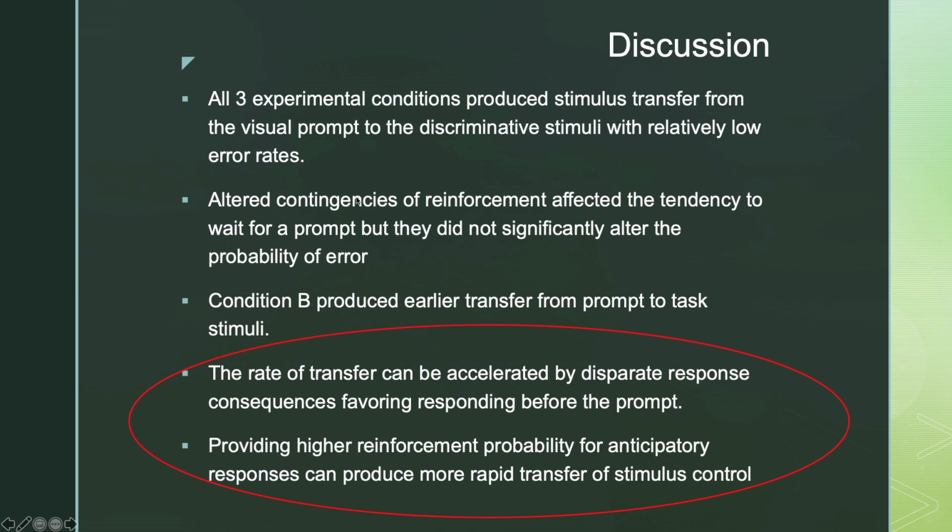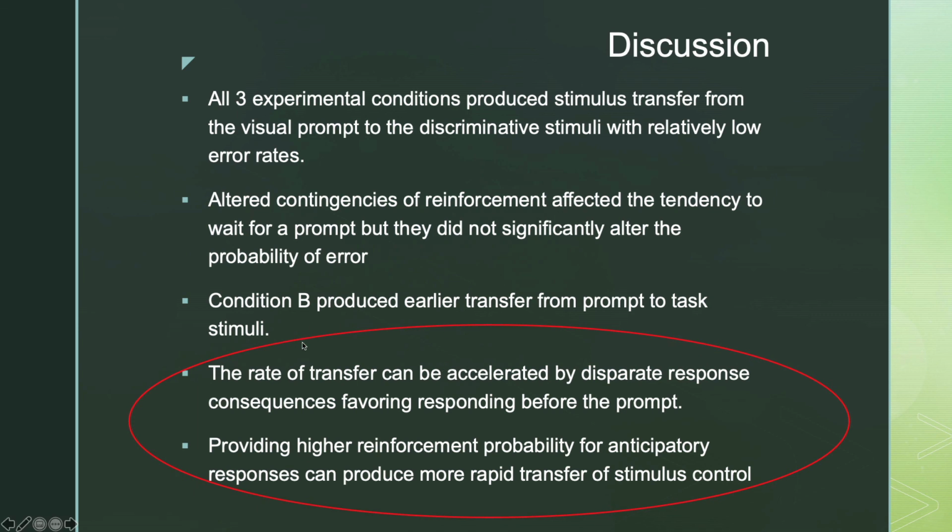The altered contingencies of reinforcement affected the tendency to wait for the prompt, but they did not significantly alter the probability of making errors. So arranging a reinforcement contingency did seem to have some effect on transfer of stimulus control, but it didn't really have an effect on how many errors were made.